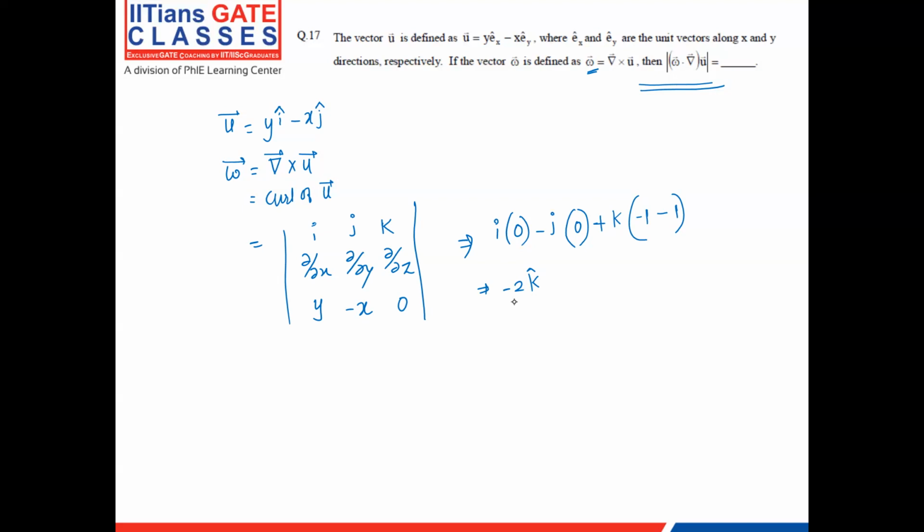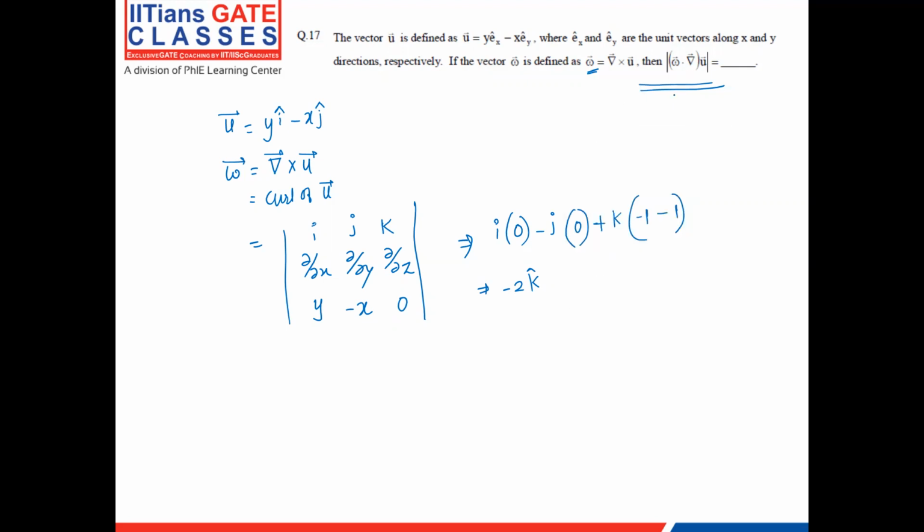Now the next step would be calculating whatever they are asking. Okay, the mod of omega bar dot del operating on u bar. Yeah, so we can clearly see that we just got omega bar is equal to minus 2k cap, and we have to operate del on it. We have to take a dot product.